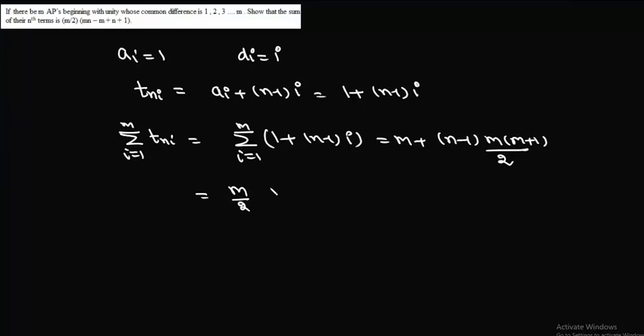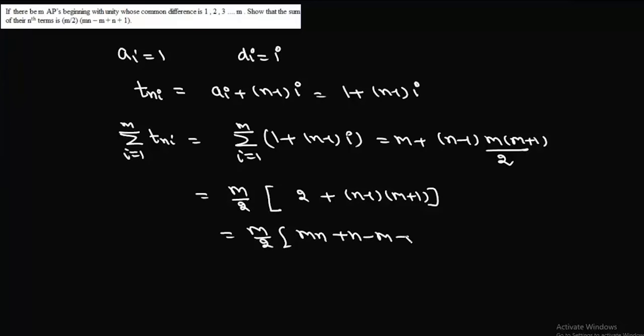So if we take m by 2 common, we'll get 2 plus (n minus 1) into (m plus 1), and this is m by 2, and here will be mn plus n minus m plus 1, which is what we need to prove in this question.